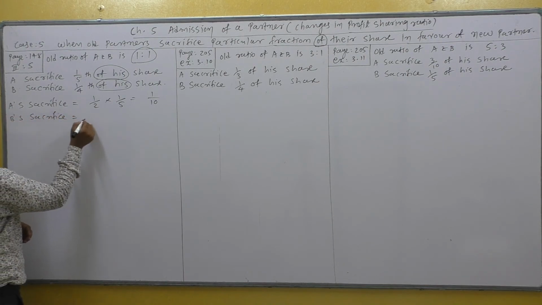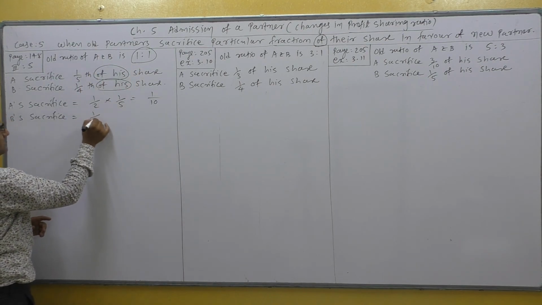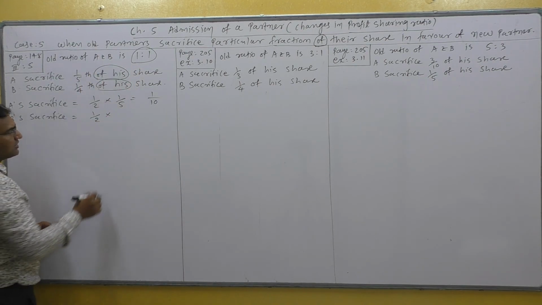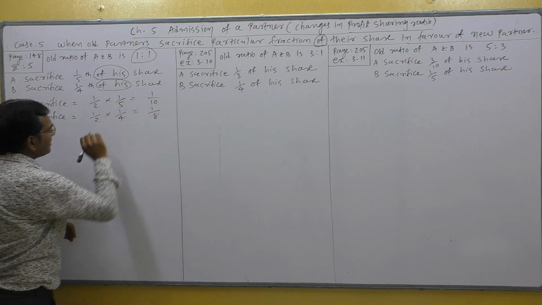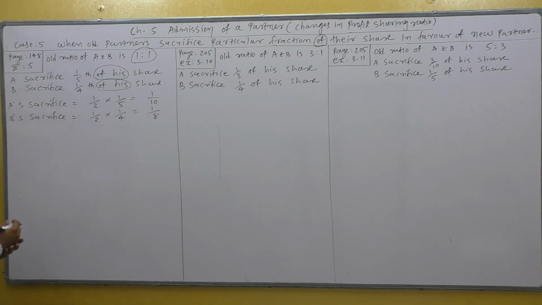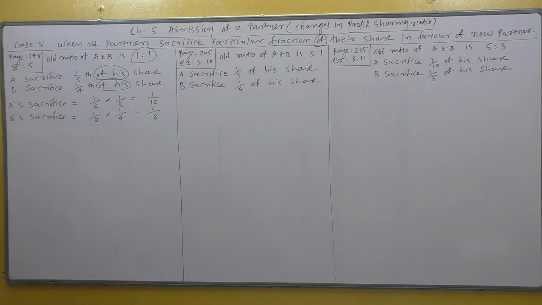B sacrifices 1/4 of his share. B's old share is 1/2, of which 1/4 is sacrificed. So 1/8. So this is the sacrifice share. And now when sacrifice share is available, then the example becomes similar to case number 2 when sacrifice share is given.